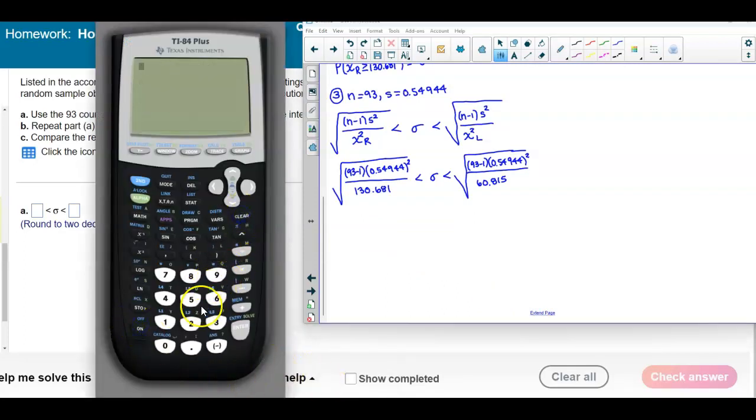So let's use our calculator to solve. We take 93 minus 1, which is 92, times the sample standard deviation 0.54944 squared, divide that by 130.681, and then take the square root of that. Rounding to 2 decimal places, we get 0.46 for the lower limit.